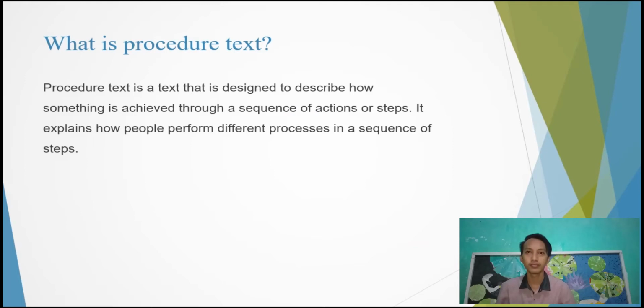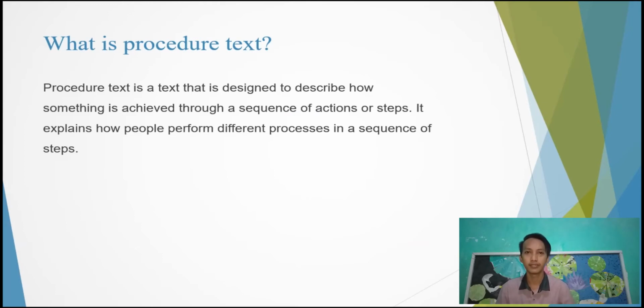So, procedure text is described when you want to make, for example, fried fries, or what do you like? Iced tea or boba tea? Yeah, the step that you read about boba tea or fried rice, that is procedure text.